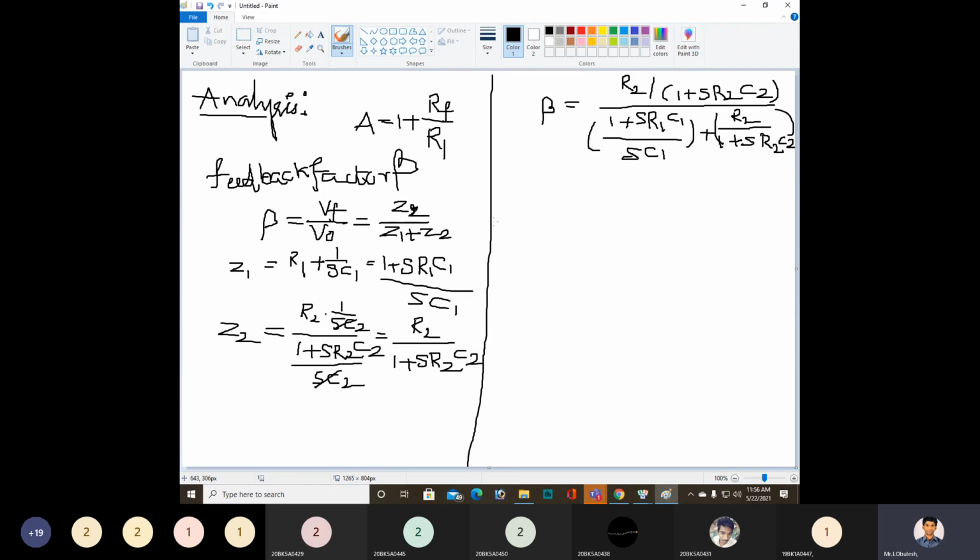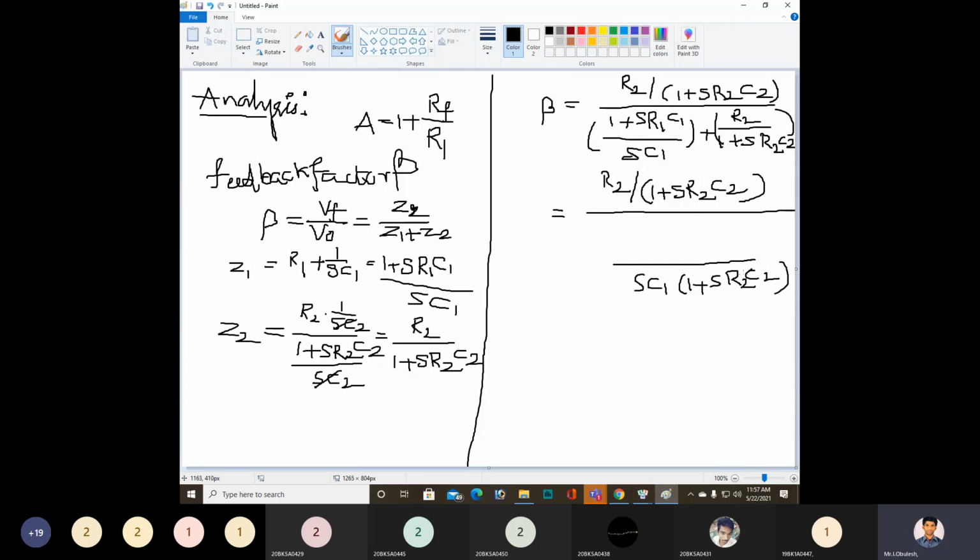Simplify this expression. Here R2 by 1 plus SR2 C2; here we get one more denominator, SC1 into 1 plus SR2 C2. So this term will cancel.